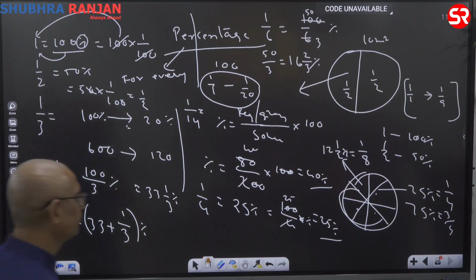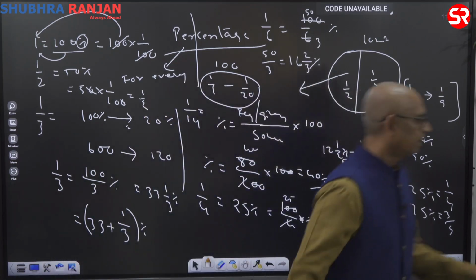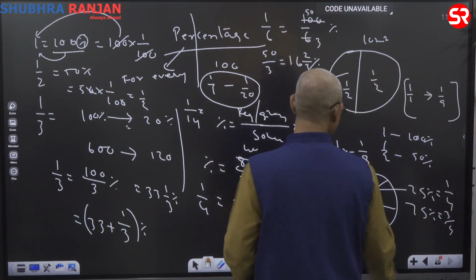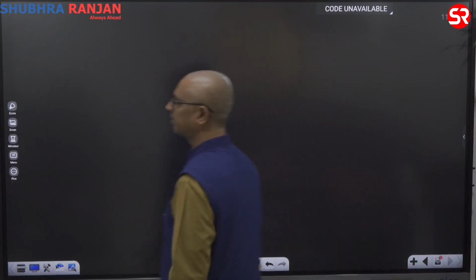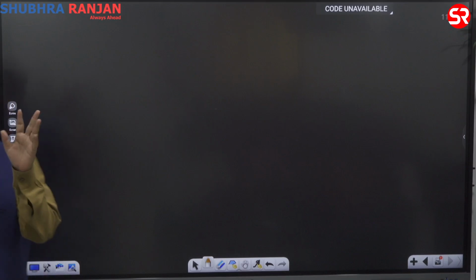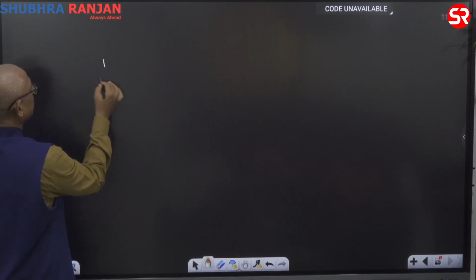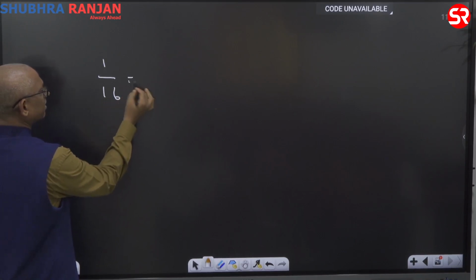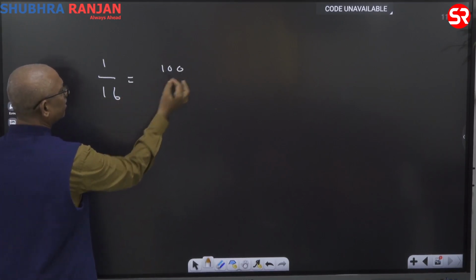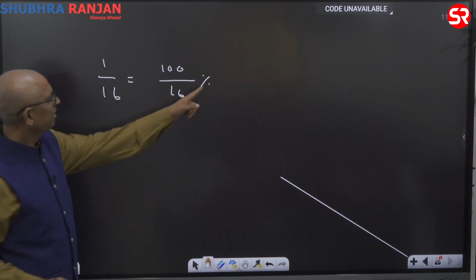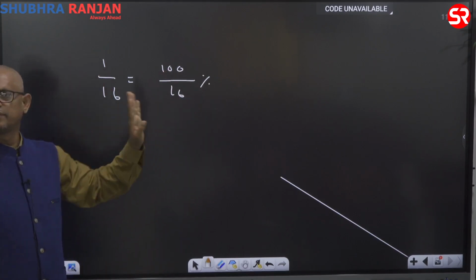Okay. Now, see, from this, what you have to understand is, whatever the number it is, you have to simply apply the division rule and go. For example, somebody asks suddenly, what is 1 by 16 percentage? 100 by 16 percentage. So with percentage, 100 gets cancelled, 1 by 16 will be the final answer.